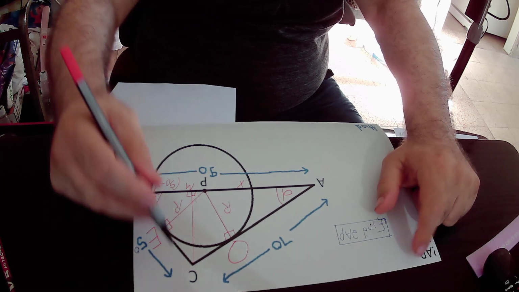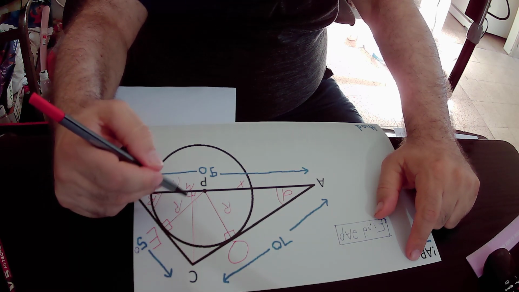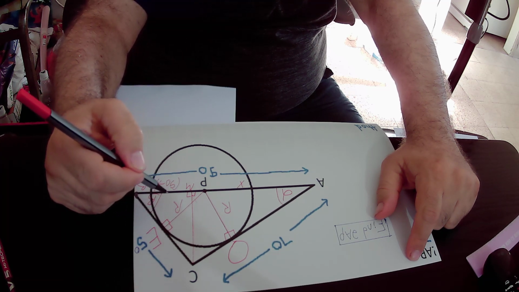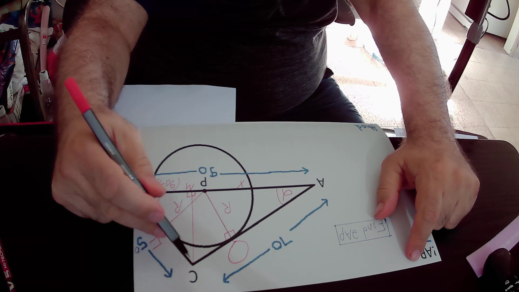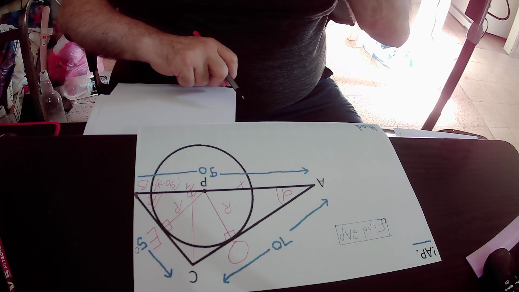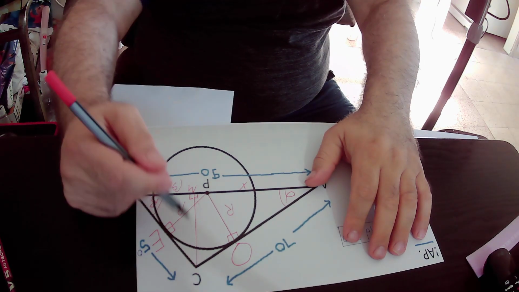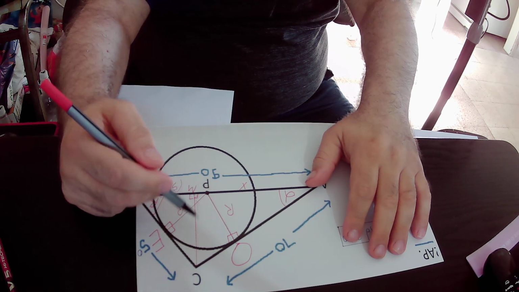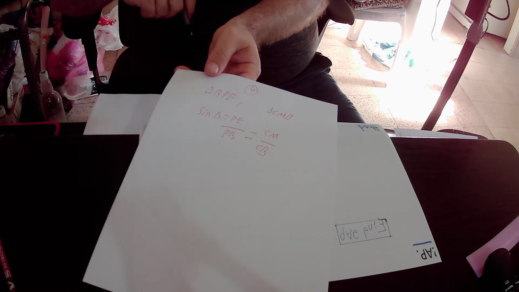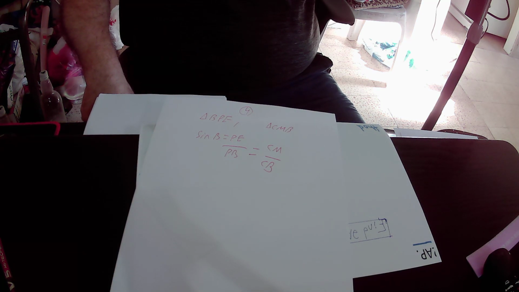Again, sine beta in triangle CMB equals CM over CB. So in total we got that sine beta equals PE over PB, that equals CM over CB.